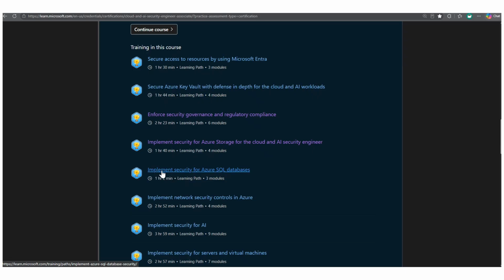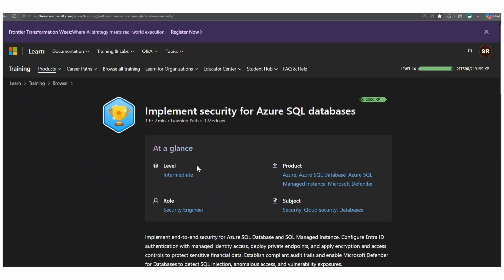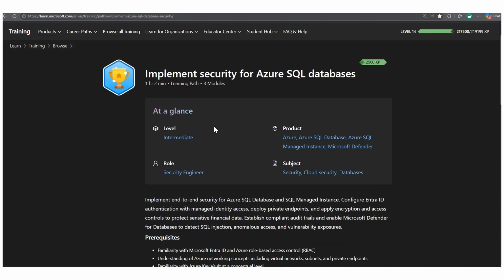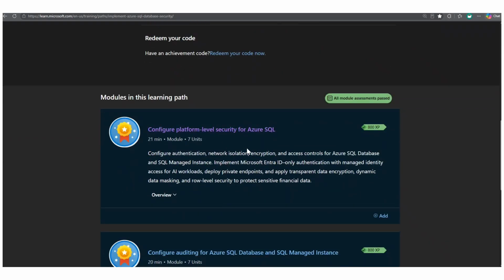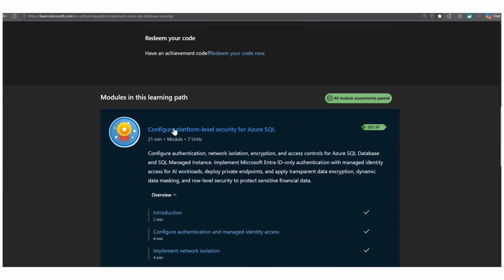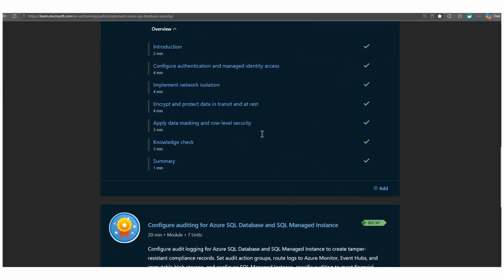We are in this learning path, and as all of them, it is divided into modules. This is the first module in this learning path, Configure platform level security. That's what we just did.